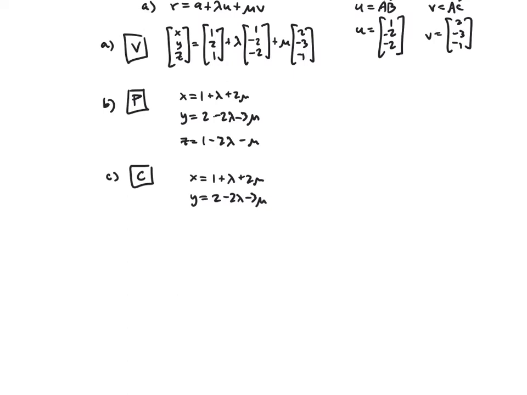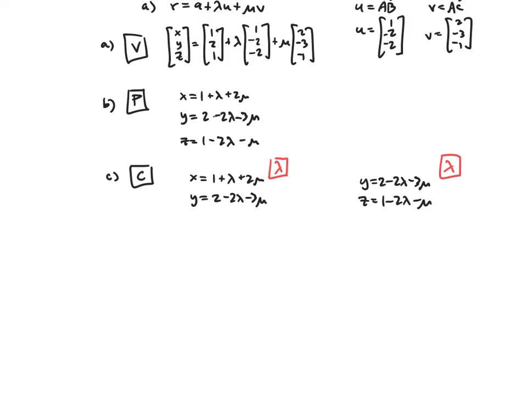Okay, so here I think it would be easiest to eliminate lambda. And I'm going to do that same thing with two of the other matched components. So for example, I'm going to take y equal to 2 minus 2 lambda minus 3 mu, and z equal to 1 minus 2 lambda minus mu. Okay, so I'm going to eliminate lambda in both of those.